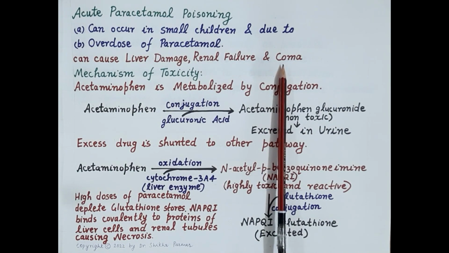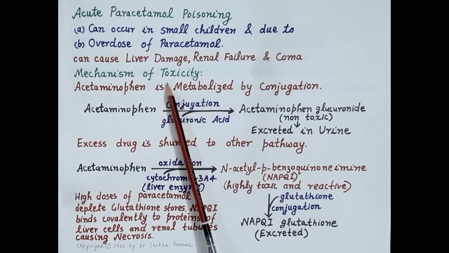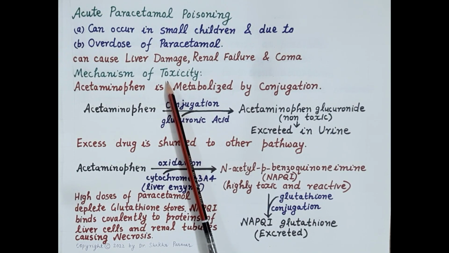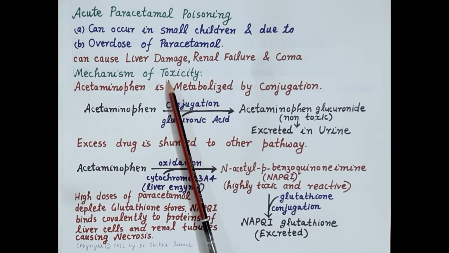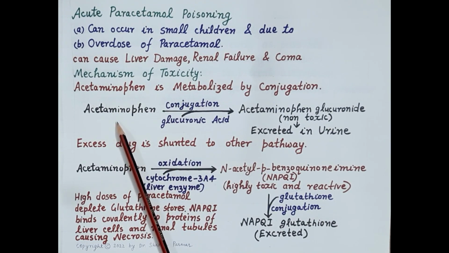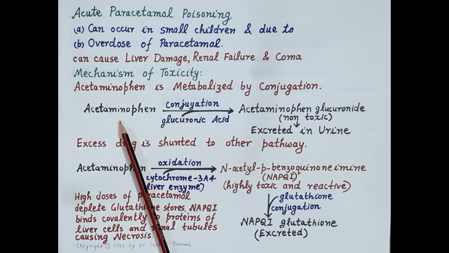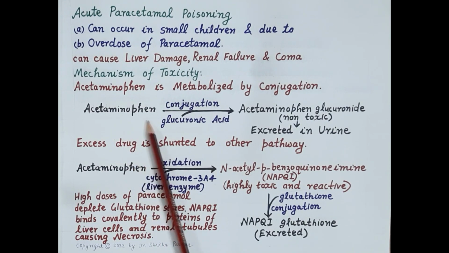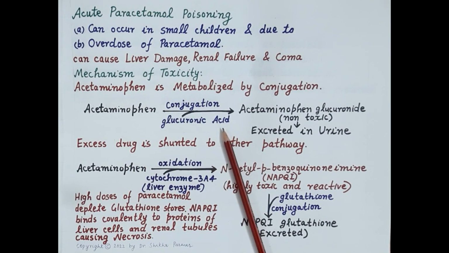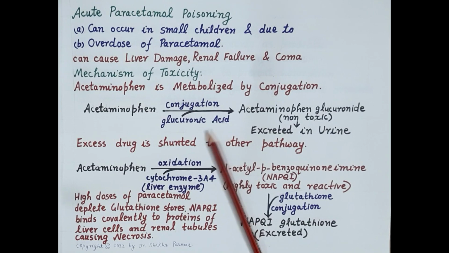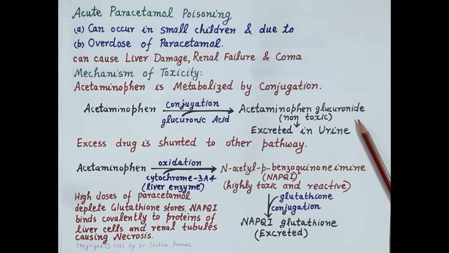Now let's understand the mechanism by which paracetamol or acetaminophen produces toxicity. So let's first understand how acetaminophen is metabolized in the body. Acetaminophen is conjugated with the glucuronic acid in the liver to produce a non-toxic metabolite, that is acetaminophen glucuronide.